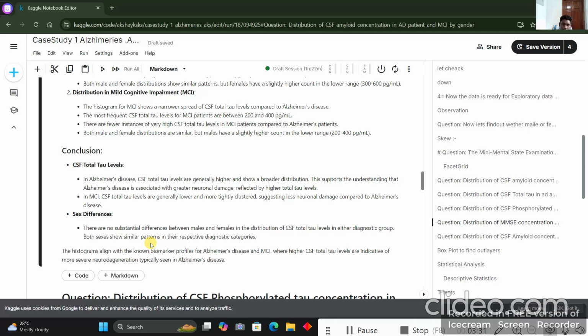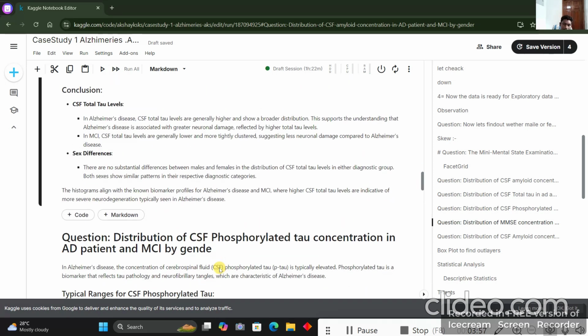Both sexes show similar patterns in each diagnostic category. The histograms align with the known biomarker profile for Alzheimer's disease and MCI, where higher CSF total TAU levels are indicative of more severe neurodegeneration, typically seen in Alzheimer's disease.